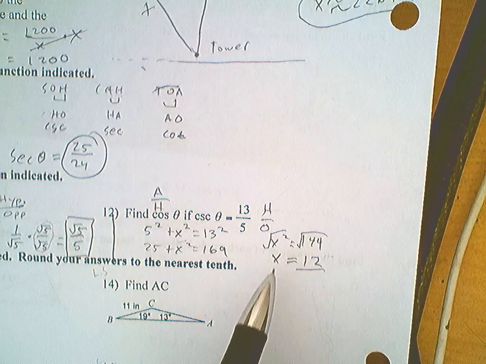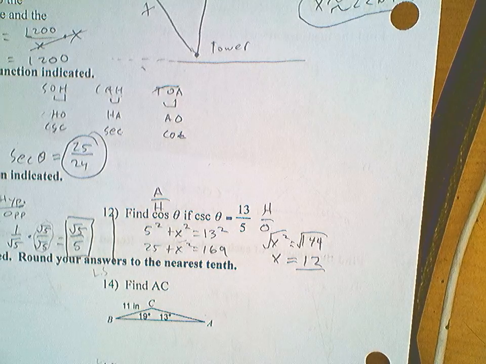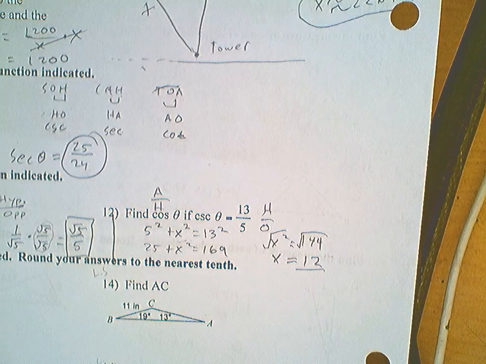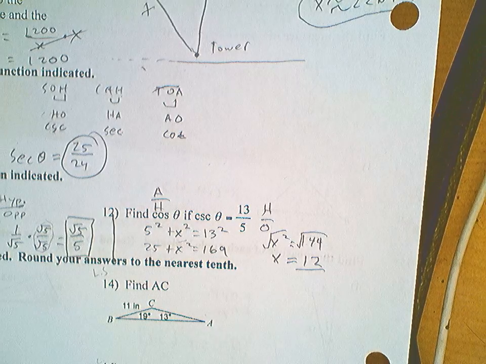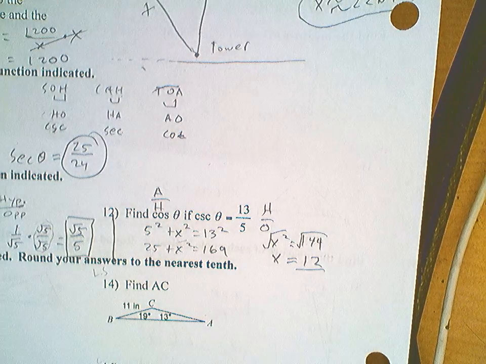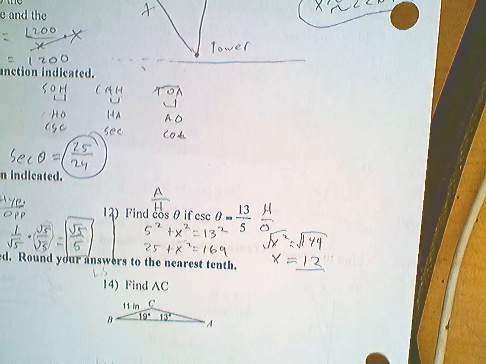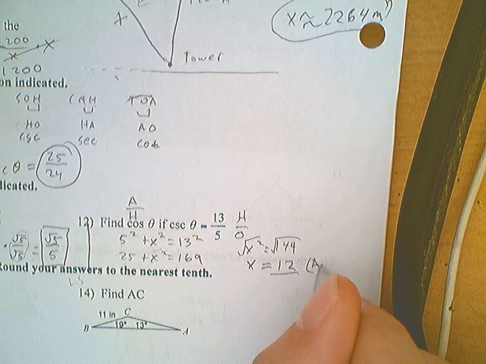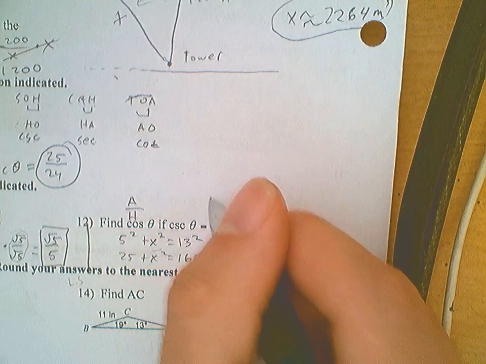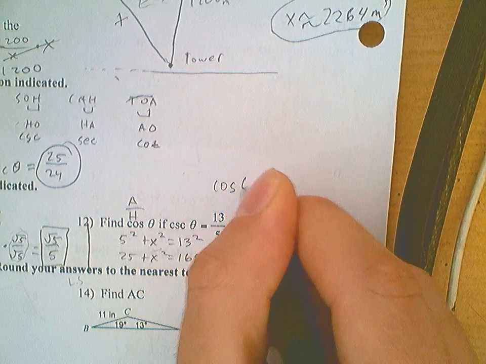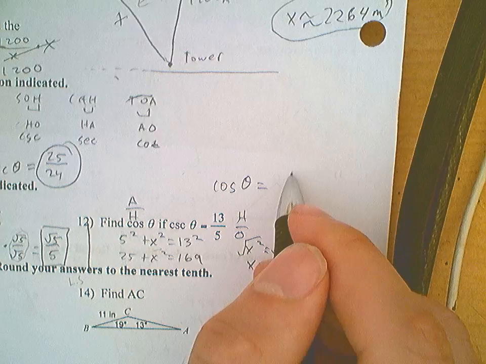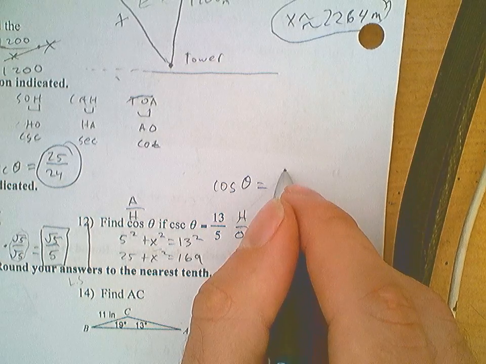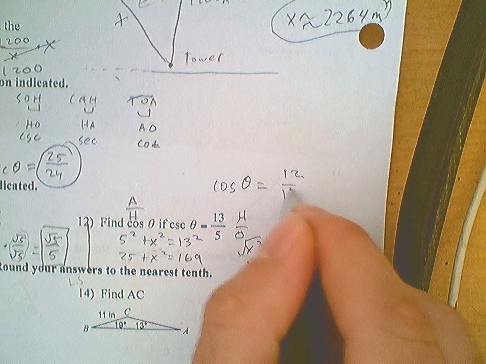Obviously, you don't need to worry about the plus or minus here, since negative lengths don't really have any meaning in these problems. So x equals 12 is that third length, the adjacent side. So cosine of theta then is adjacent over hypotenuse, so 12 over 13.